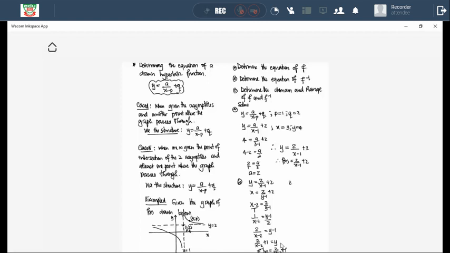Okay, right. The last aspect there is to determine its domain and range. I'm going to start with that of f of x. If you look at this, this is a hyperbolic function. Domain means where the graph starts and ends along the x-axis. If you look at my graph, it starts from negative infinity going towards positive infinity. So the domain becomes x element of all real numbers.